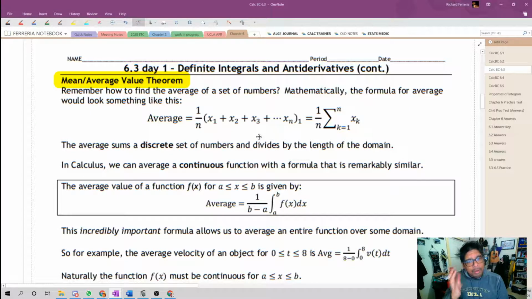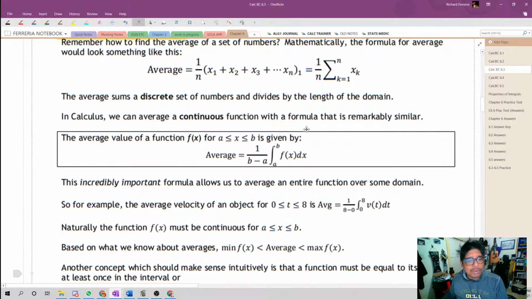With our new notation, we can look at this as 1 over n multiplied by the sum of xk's. Now this sum of xk's and the 1 over n directly translates into an integral. An integral is just adding a function together. So if we add a function together, and we divide by b minus a, we create the average value of a function.